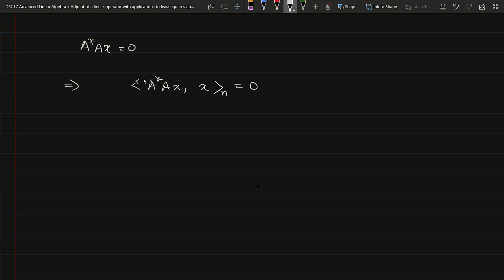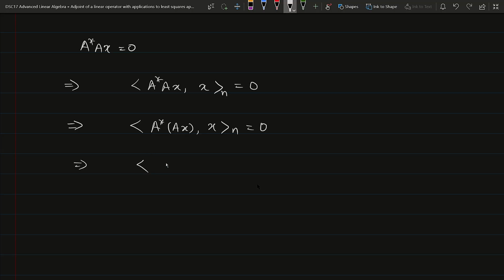Okay, now from the previous statement, if I move the star onto this x, then that will be the inner product in Fm. So let me write this as A star A x comma x in Fn, that is equal to 0. Now whatever the matrix is here, I'm going to take its complex conjugate transpose.